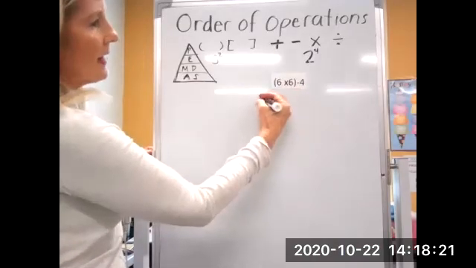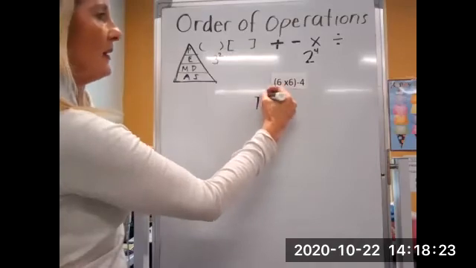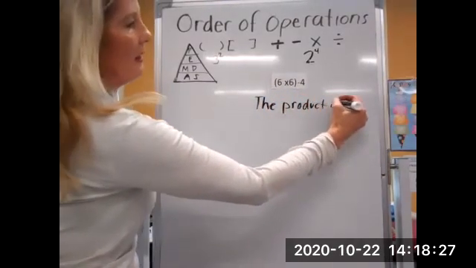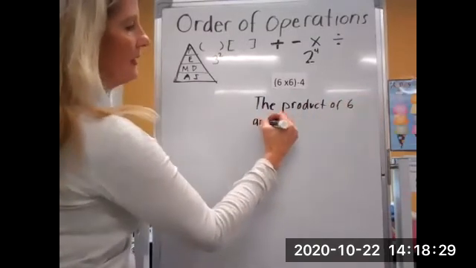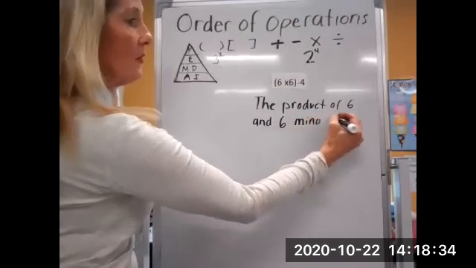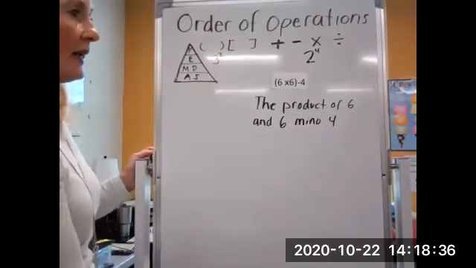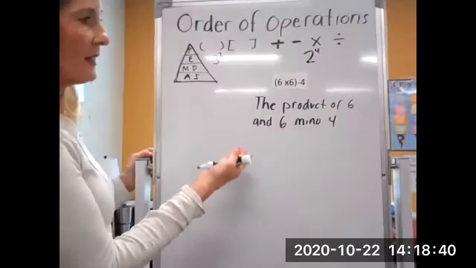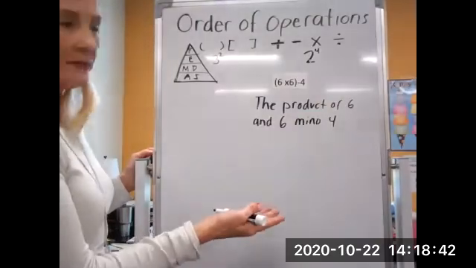So I could say the product of 6 and 6, minus 4. I could say the difference, a couple different ways I could do it. I could say the difference between the product of 6 and 6 and 4.